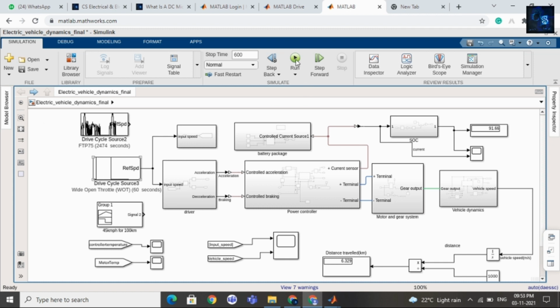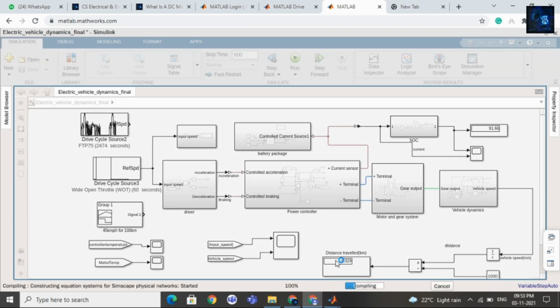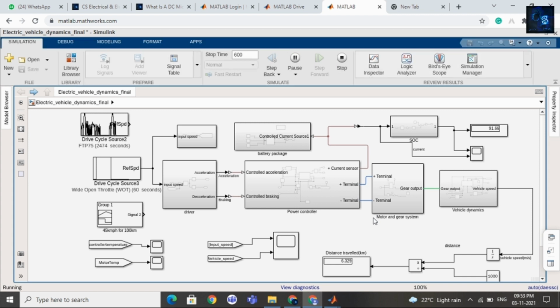Let me run this model, and you can see here the SOC value and distance traveled value in these displays. Here you can see the SOC value is 99.45 and the distance traveled is 0.4 kilometer. Let me share the input speed waveform with you.